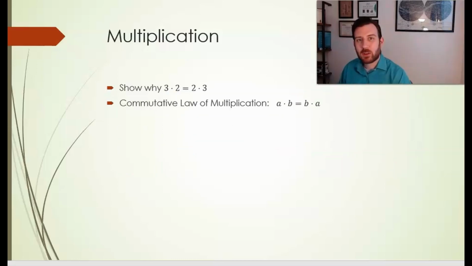So it's through this diagram that we can see that we have a commutative law for multiplication as well. A times B is the same thing as B times A, where that word commutative reminds us that all this is the ability to move things throughout that operation.